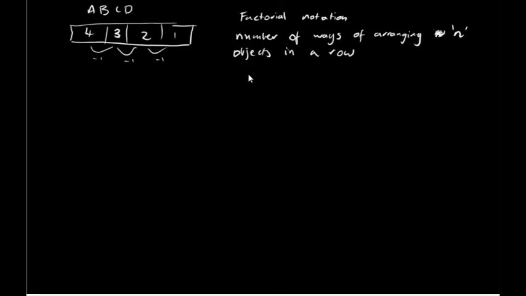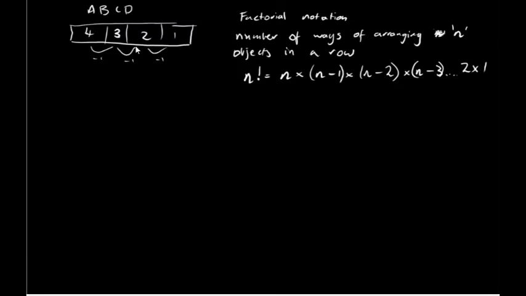So it is n, and we use this exclamation mark, meaning factorial, which is the original number, multiplied by the original number minus 1, multiplied by the original number minus 2, times the original number minus 3, and this continues until we go down to 2 and 1.